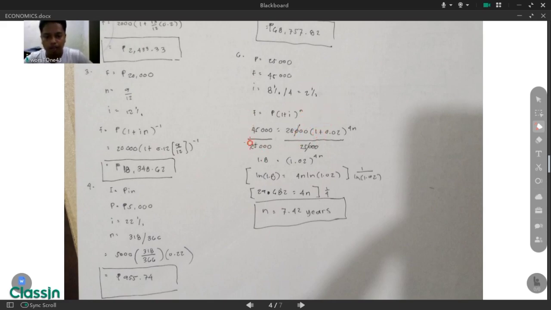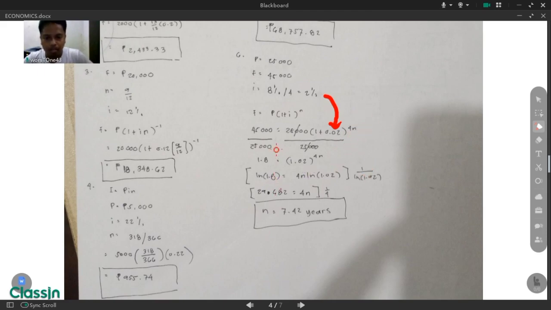We have future worth 45,000 equals present worth 25,000 times (1 plus 0.02) to the power of mn, with m equals 4 as our mode of compounding, and n missing, which is the time for the 25,000 to accumulate to 45,000 pesos.